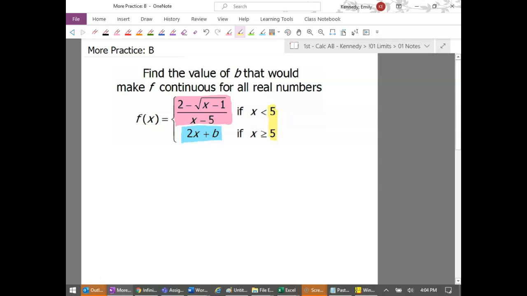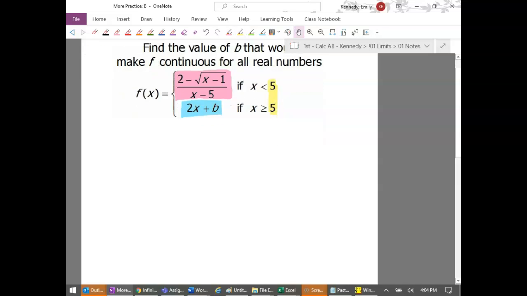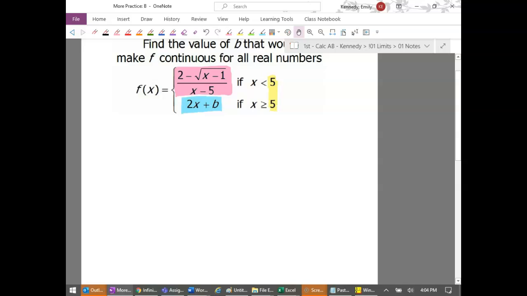We need to make sure that the limit as x approaches 5 from the left is the same as the limit as x approaches 5 from the right. Among other things, there are a couple other things we need to check, but we're starting there. Remember the definition of continuity. First part is that your roads have to meet.